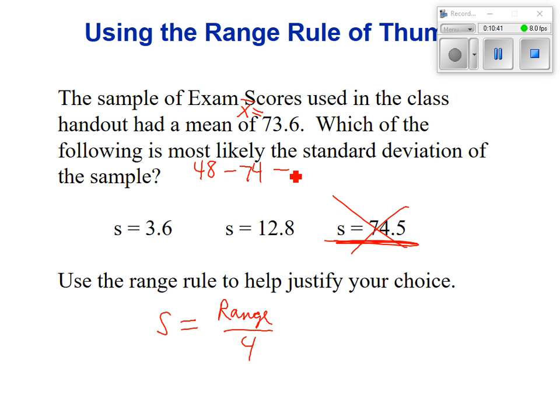So 48 to, if we add 26 up, 26 up would be 100, is that right? Now, is that feasible that all the scores would fall in between there? Yeah, maybe.